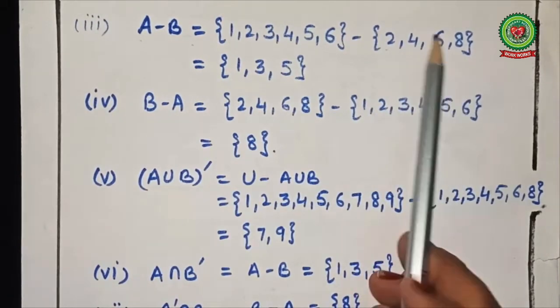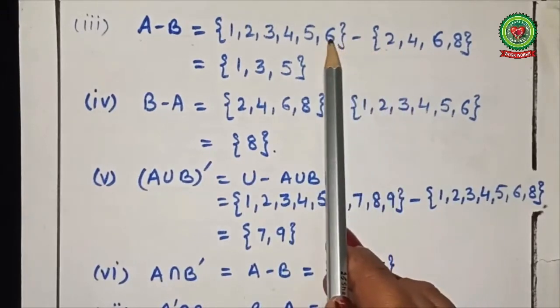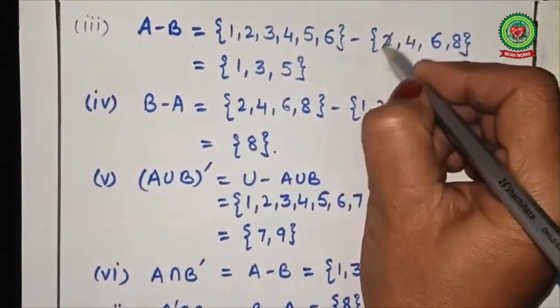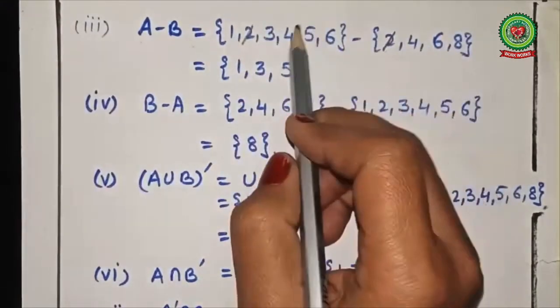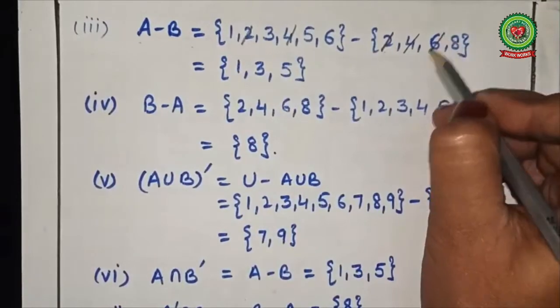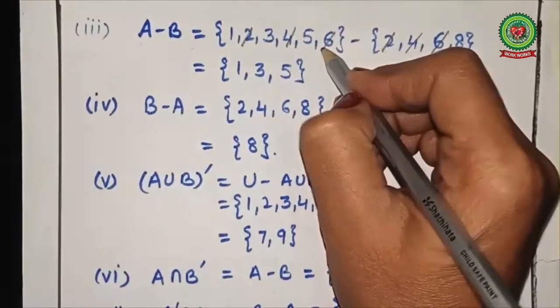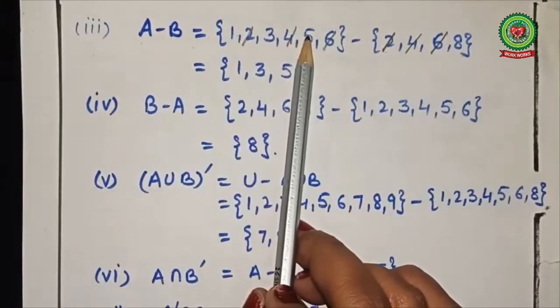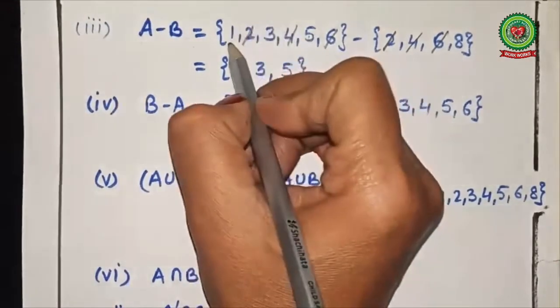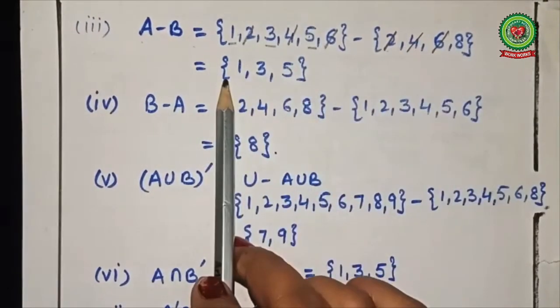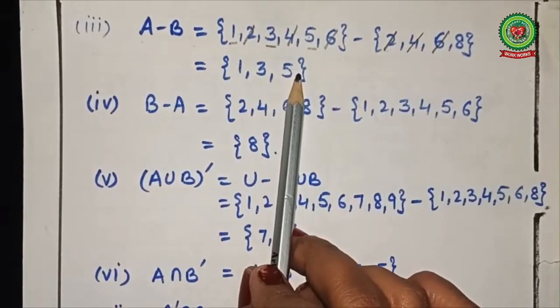Now, here we have to subtract the common elements in set A and B. So, first 2 is in set B. So, this will be cut. Then 4 subtracted. Then 6 will be subtracted. Now, we have to write down the left out elements of A only. So, we are left with 3 elements: 1, 3 and 5. So, answer is 1, 3, 5.